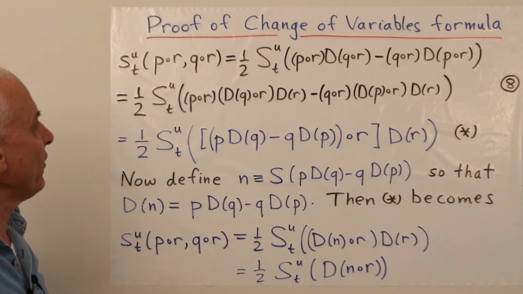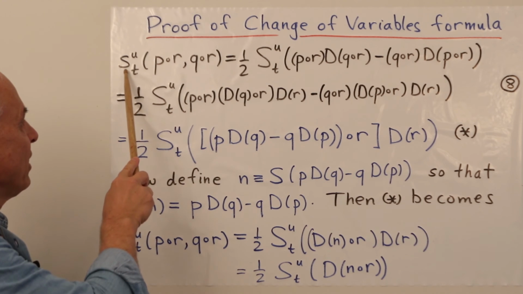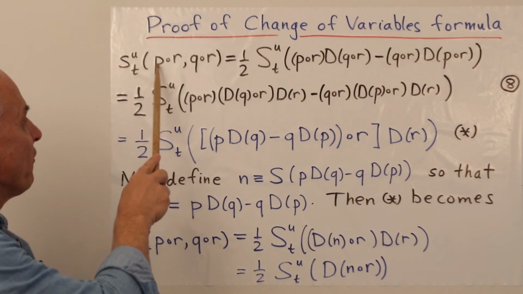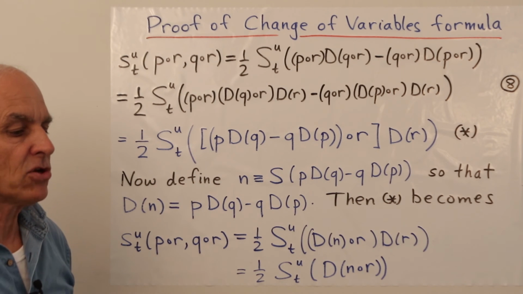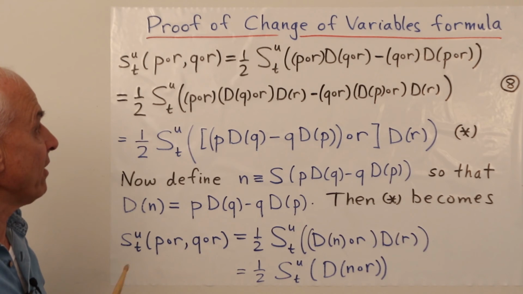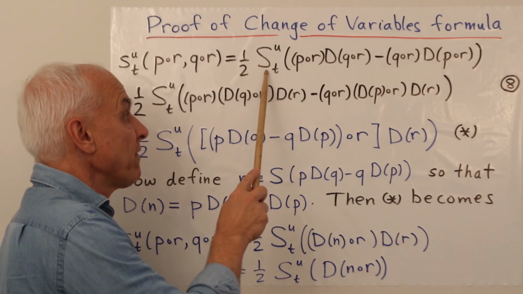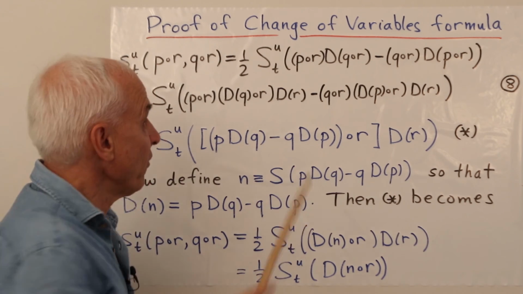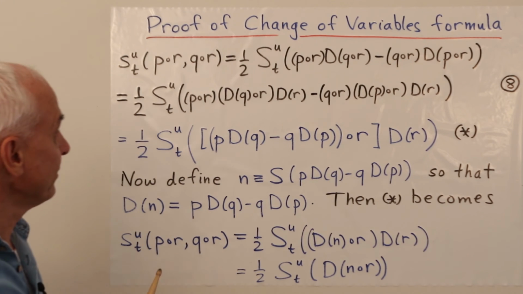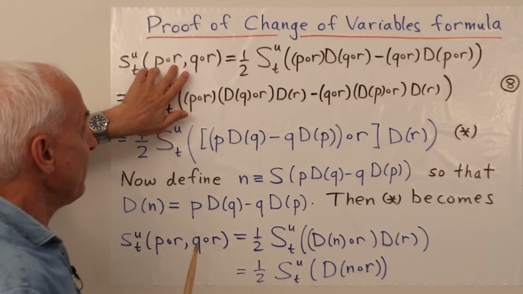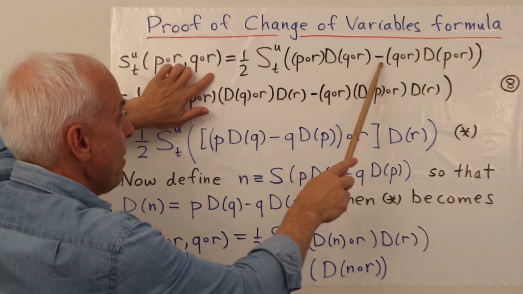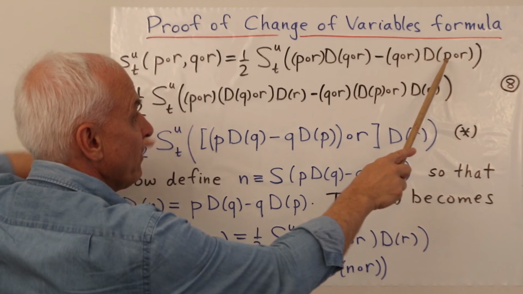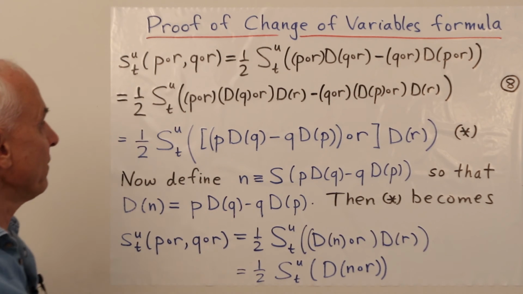So we want to prove this formula, and we'll start with this side, the signed area from t to u of p circle r, q circle r. The fundamental theorem tells us that we can evaluate this in terms of 1/2 Faulhaber integral from t to u of this first thing, which is p circle r, times the derivative of the second, minus the second times the derivative of the first. Fair enough.